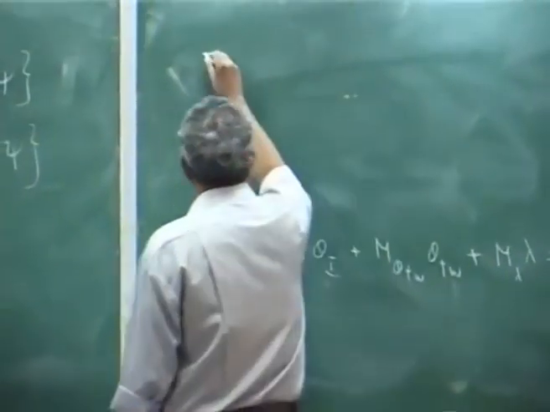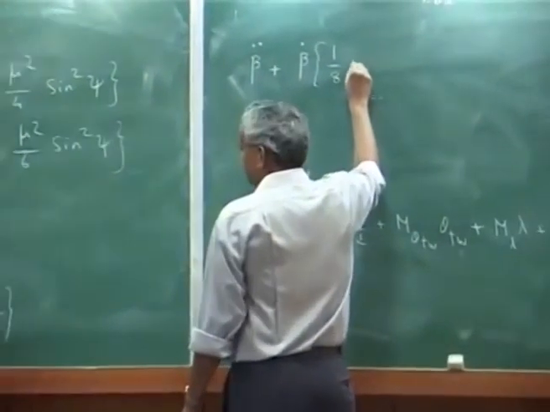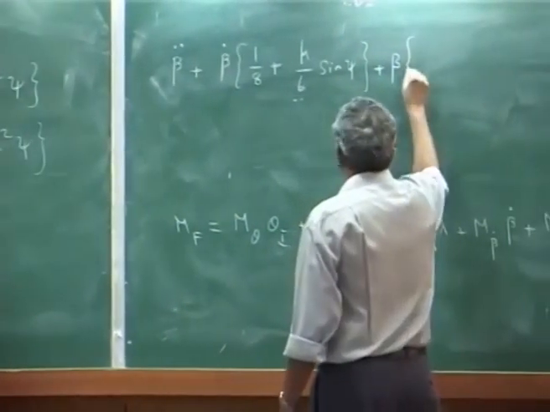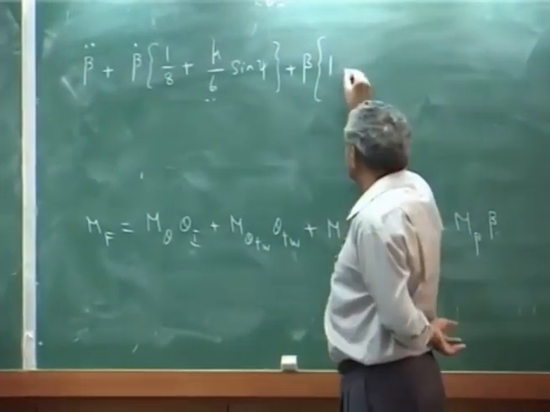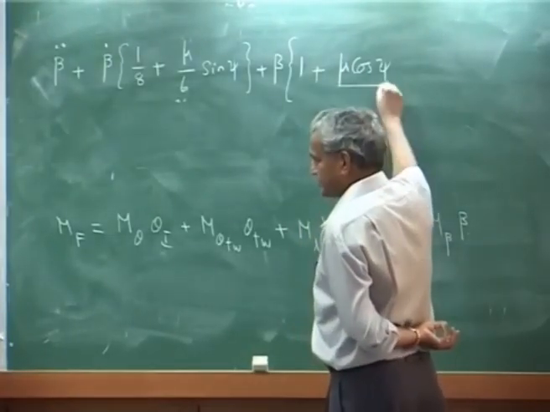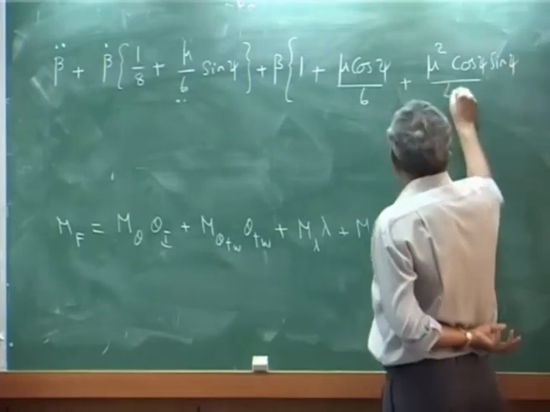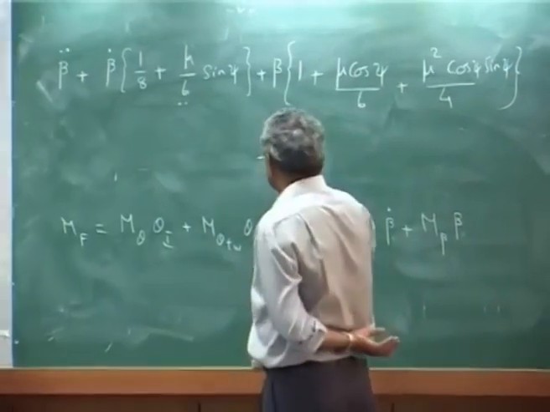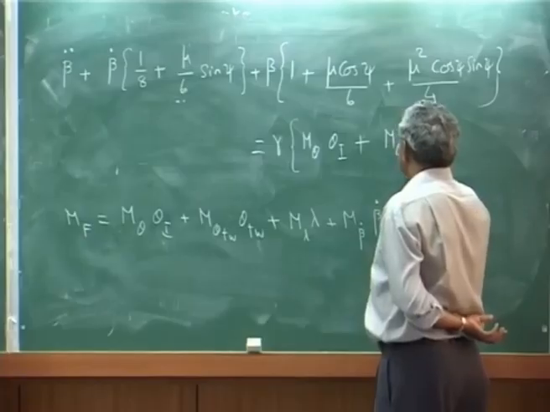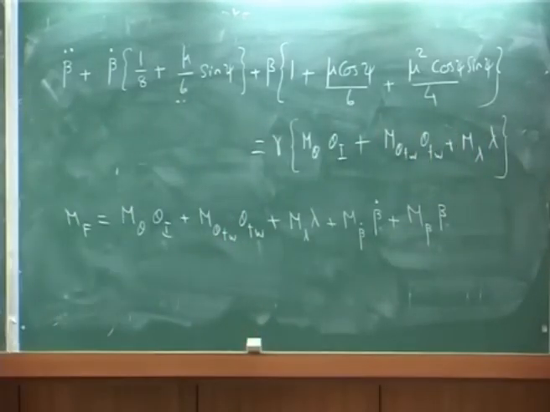Beta double dot plus beta dot term, beta dot times (1 over 8 plus mu over 6 sin psi), plus beta times (1 plus mu cosine psi over 6 plus mu square cosine psi over 4) equals the rest of the terms, that is gamma times n theta theta I plus n theta twist plus n lambda. Okay, this is your equation.